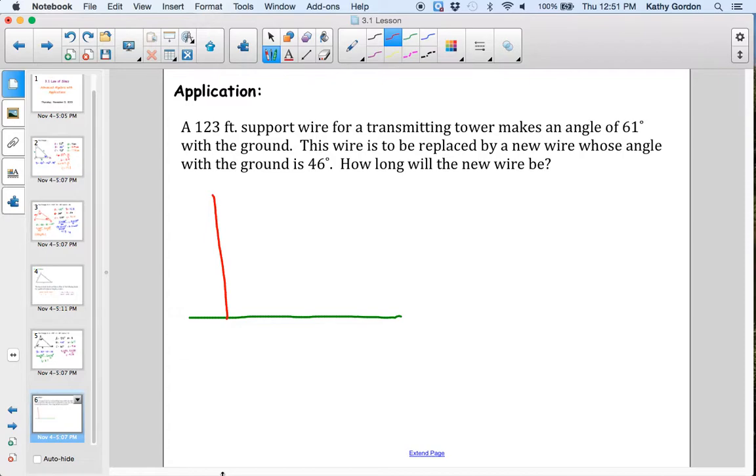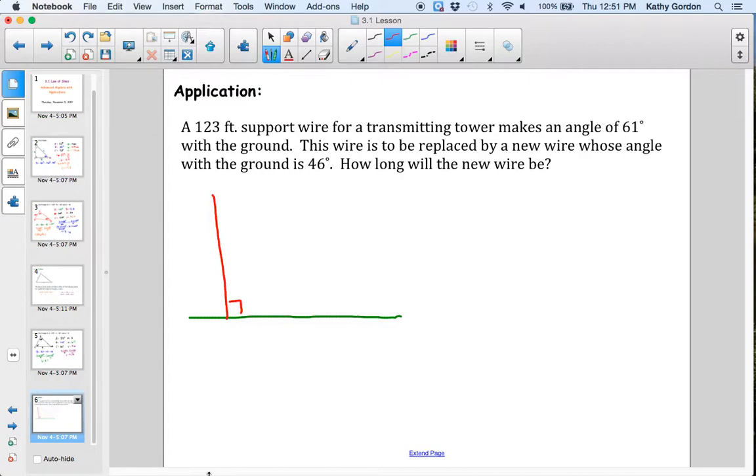If we're assuming that my tower's straight and not leaning over one way or the other, then what's the relationship between that and the ground? It's a right angle. Yeah, it's probably going to be a right angle, because there's nothing about this problem that tells us that the tower is leaning in any way.